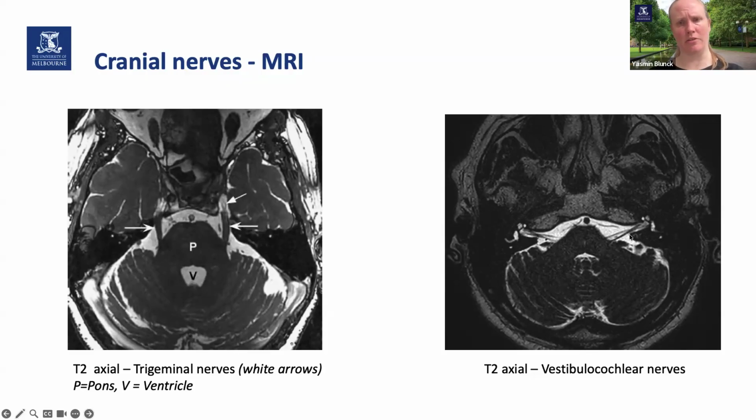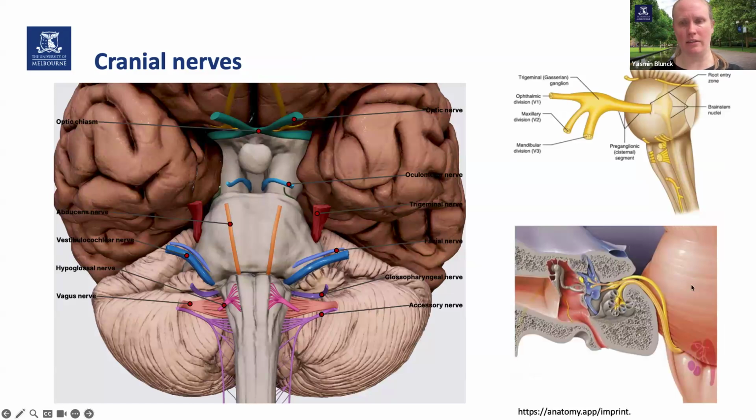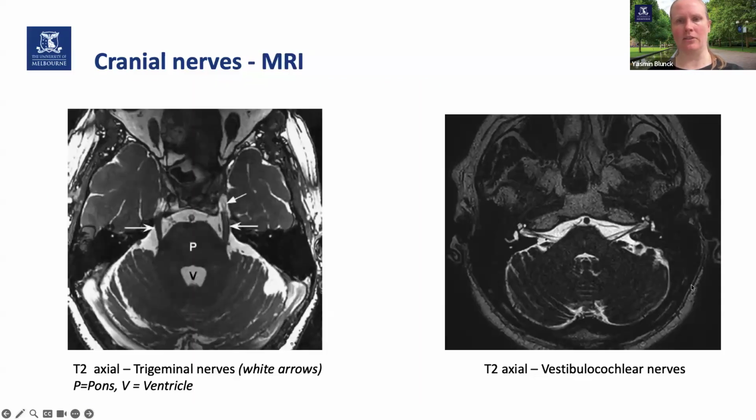The auditory nerve is very close to the temporal lobes, and there's also the mastoid air cells, which you can see here. And on the trigeminal nerve, we were challenged by the proximity to the sphenoid sinus. So all these air-filled spaces create a lot of susceptibility issues for us, and that's why it's obviously quite challenging in general, and especially in diffusion.